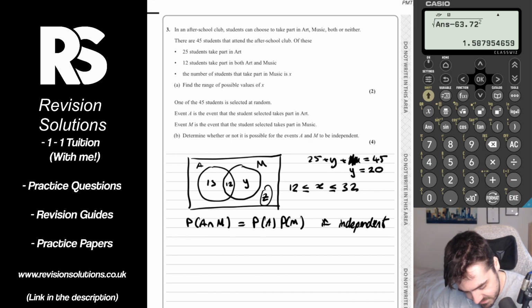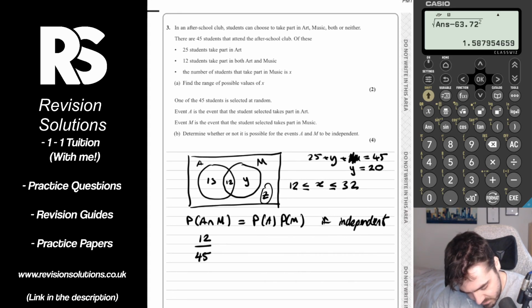So the probability of the intersection is 12 over 45. And then that would need to equal the probability of A, which is 25 over 45, times the probability of music, which would be, well, if we just use our value, let's just take X like we had in the question before as the total that do music, so X over 45.